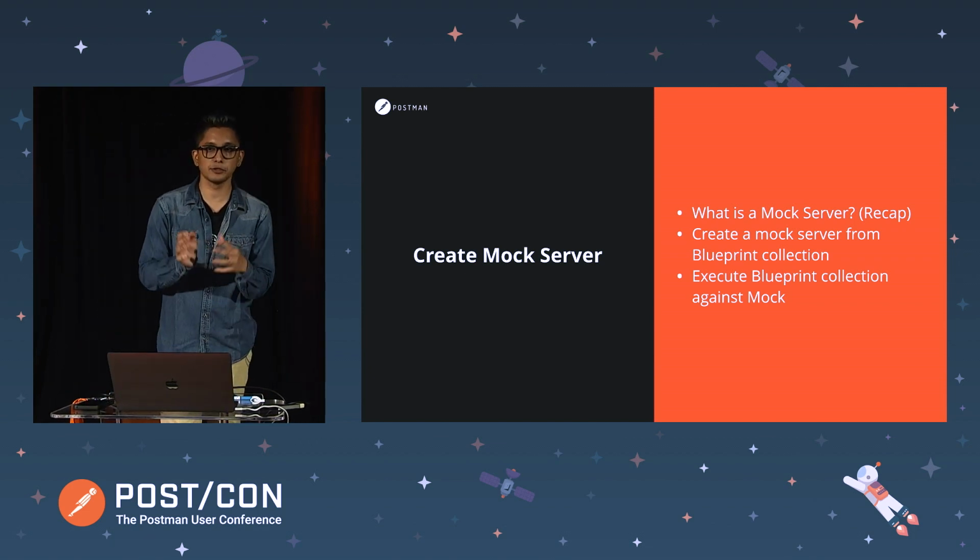So what Postman gives you is a URL where you can make your calls and get the response back. The interesting thing is, you can create mock servers from a collection, and the examples that we saved are what the mock server would use to match the response to send you.